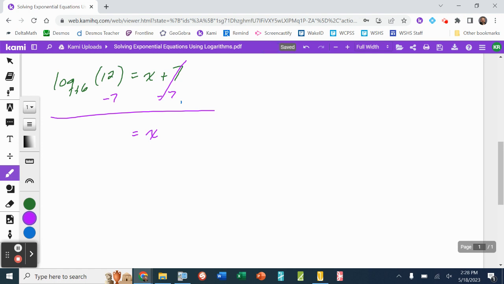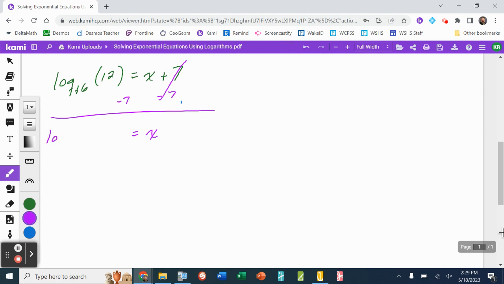Now, it is tempting, because of the way I wrote this, and students try this all the time, to take the 12 minus the 7. That's not what we're doing here. I'm going to move the 7 over. The minus 7 comes after the logarithm, because the 12 here is the argument to the logarithm, so I can't add or subtract anything from that.